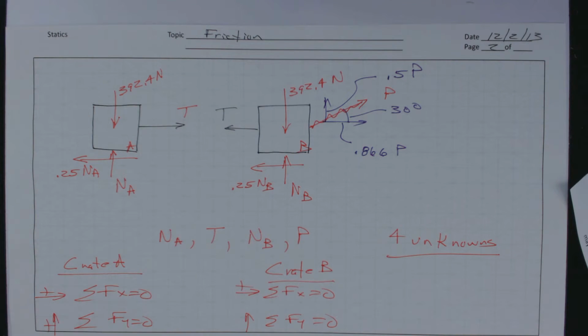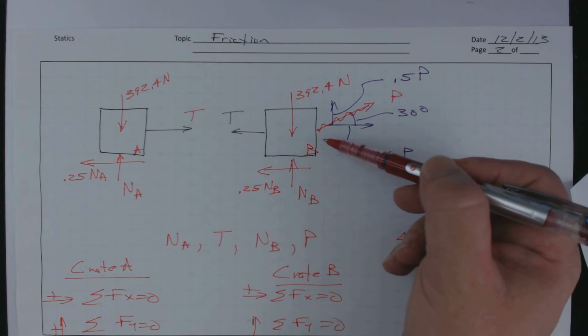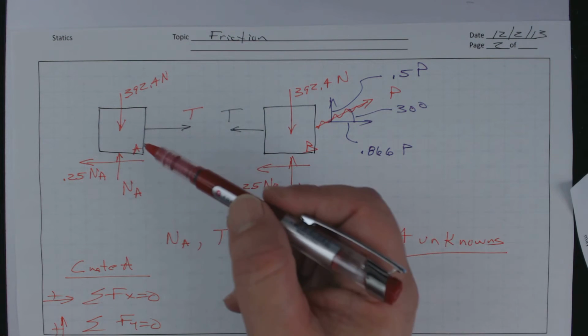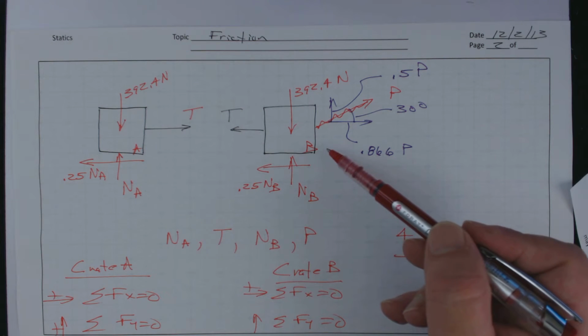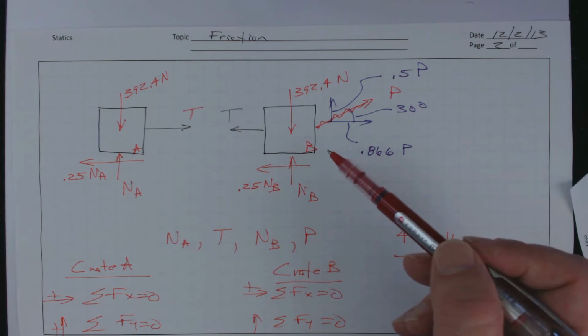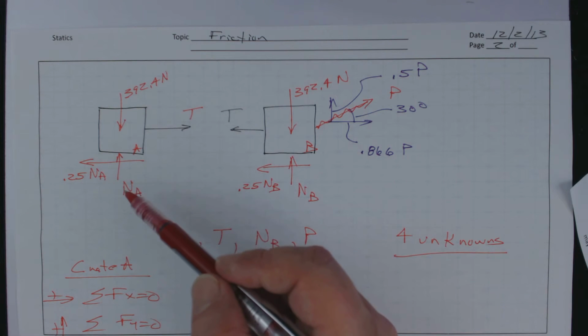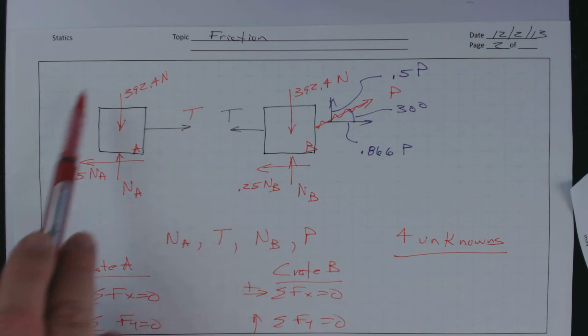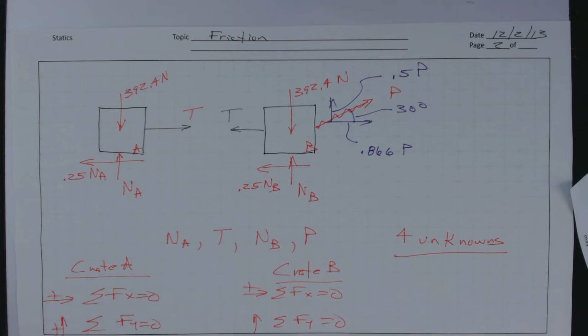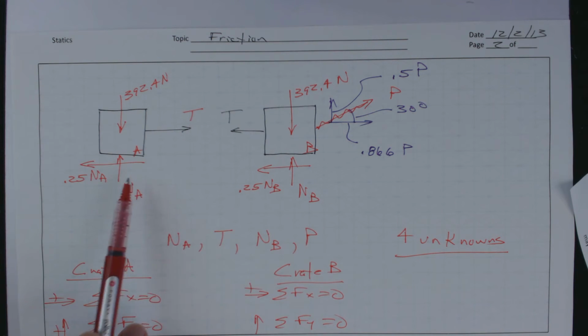Now, at that point, the question becomes, should I start with this crate or should I start with this crate? Well, the truth is it doesn't matter, because if I start with this crate, I'll have valid equations. If I start with this crate, I'll have valid equations. The difference is that this crate by itself has 2 unknowns and I have 2 equations, so I'll be able to directly solve for these things.